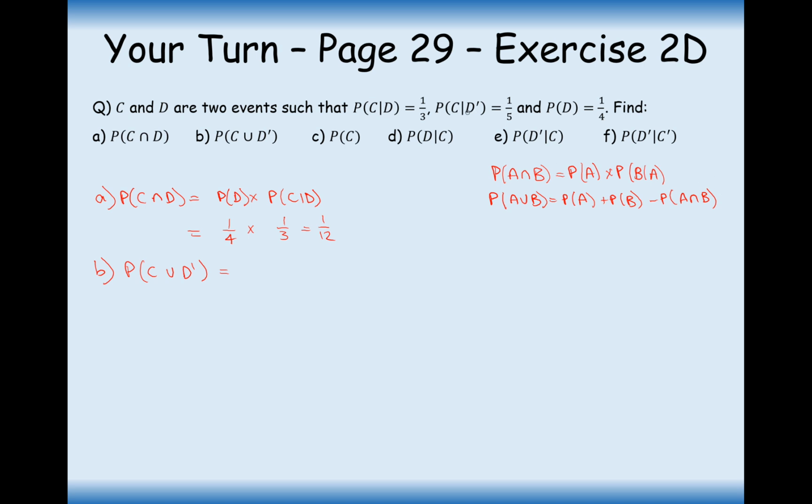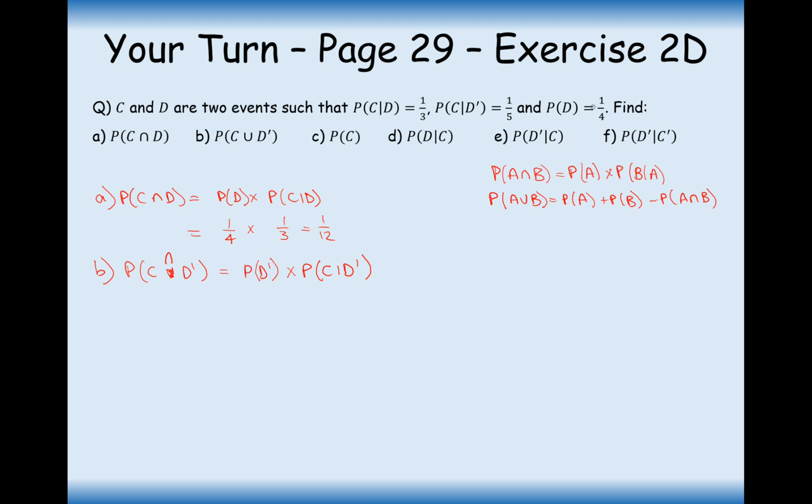I've got the probability of C given that D is not true, so I'll somehow try and figure out how to use that. The probability of C given that D is not true. This is actually not going to work out the probability of C or not D. This is going to work out the probability of C and not D. So, working out the probability of C and not D, we're going to have the probability of C given that D is not true, and if I'm using this formula right, I need the probability that D is not true.